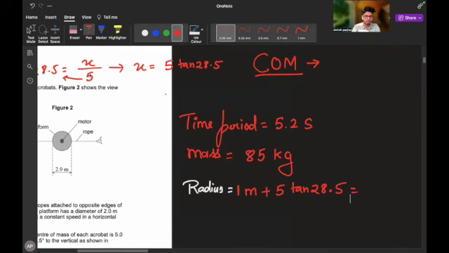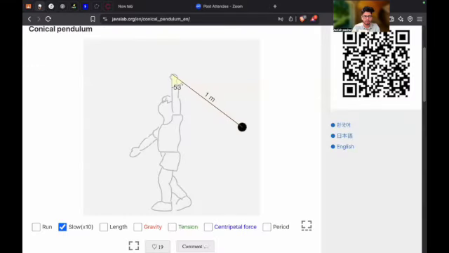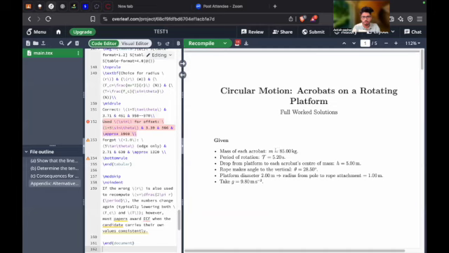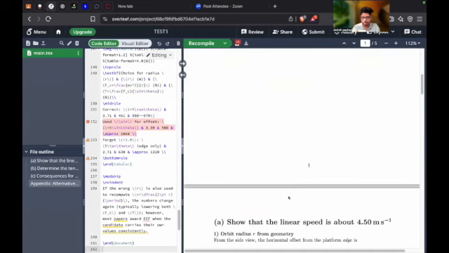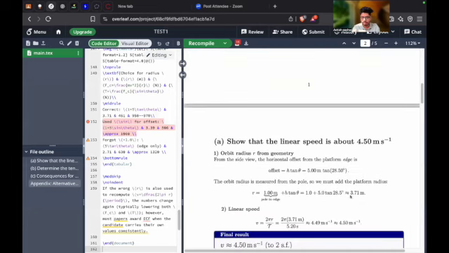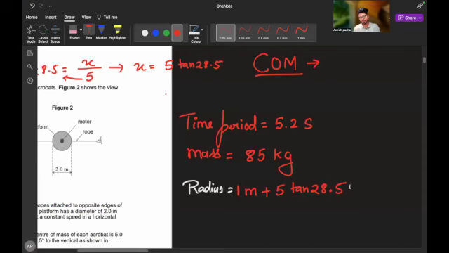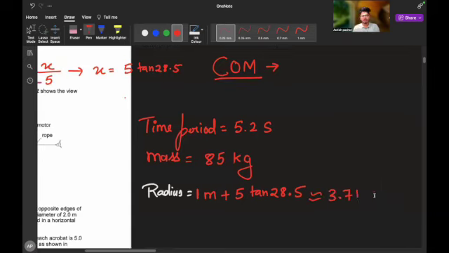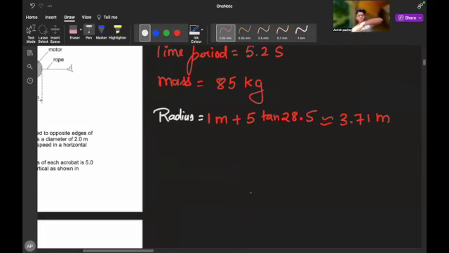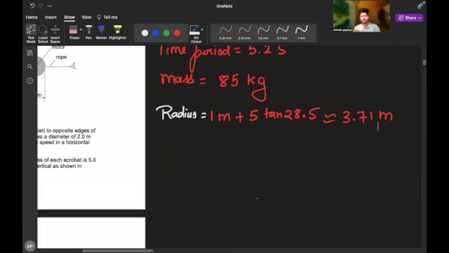If I do this whole calculation, it comes out to be approximately 3.71 meter. I will share that PDF with you. This is the radius, and from there you can find how much distance is traveled in one circular path.